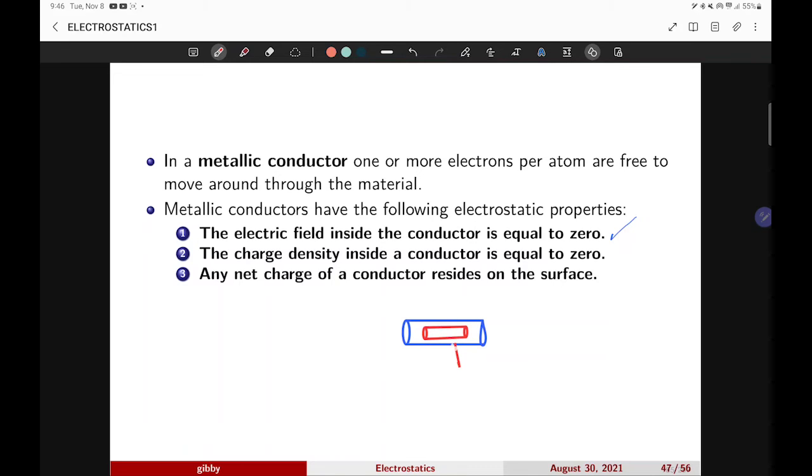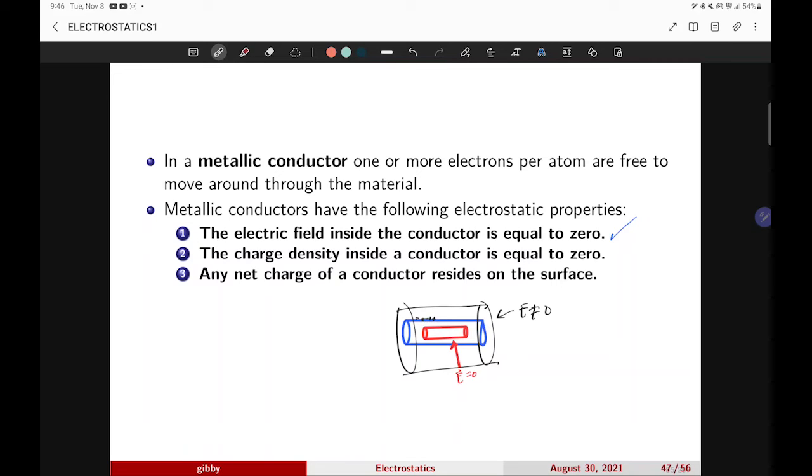Your electric field is 0 inside, but outside, the electric field is not 0 anymore because the net charge lies on the surface.